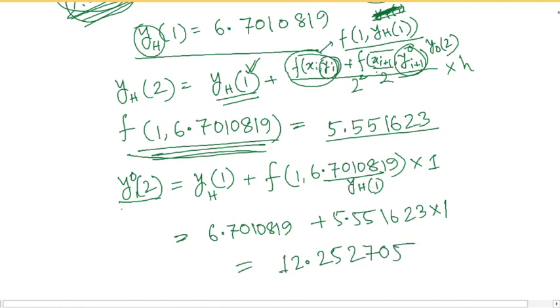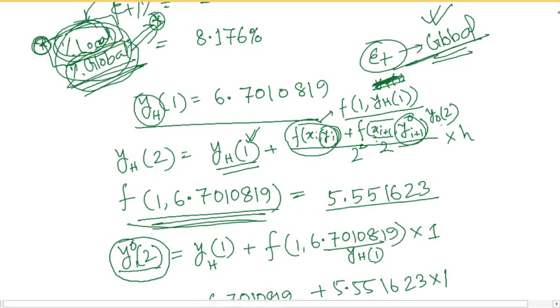So now I have obtained this point, and now I'll have to determine the slope at this point. As it is known, this is 2.